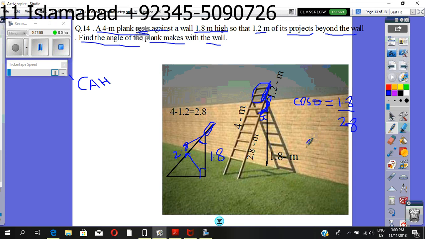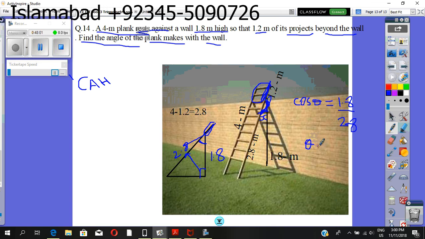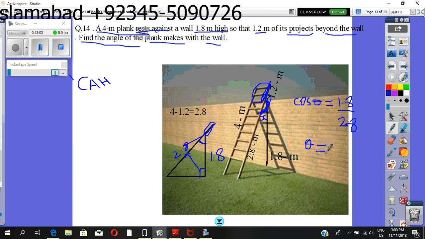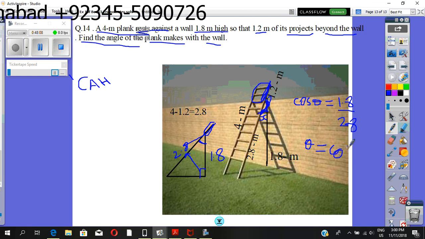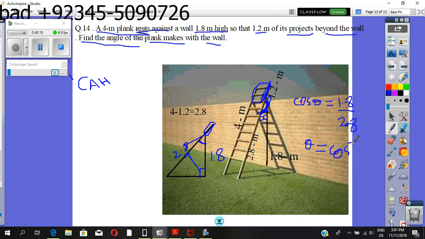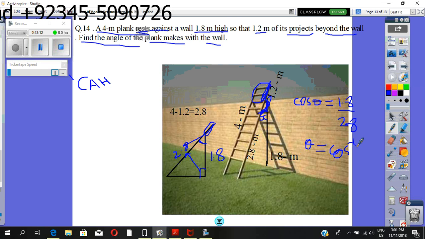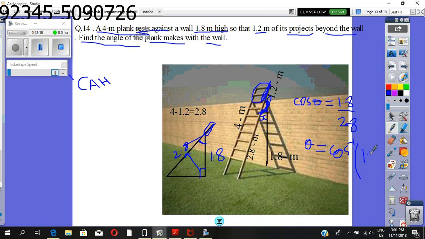Then theta equals cos inverse of 1.8 by 2.8.